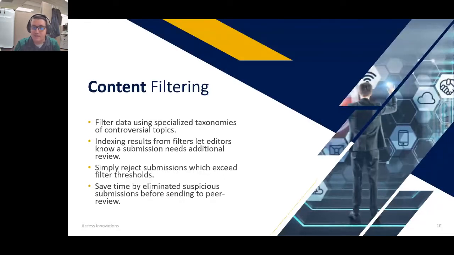Or you could set limits. So if an article or any kind of content is submitted that exceeds a certain flag limit, you can automatically reject that article or submission before it takes up any extra time or editorial work.